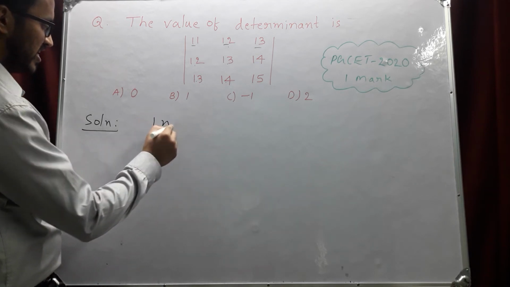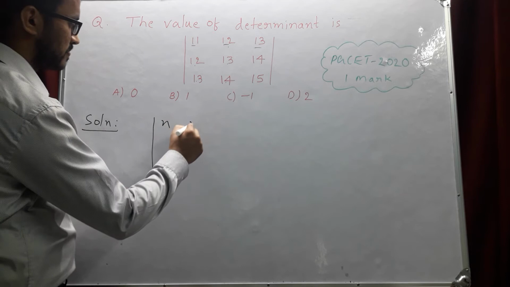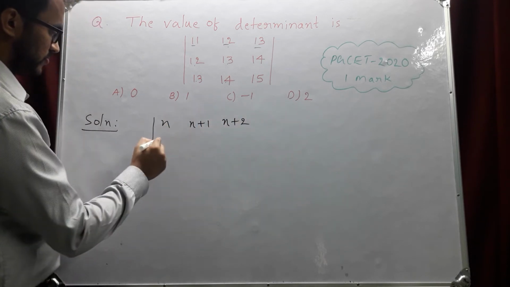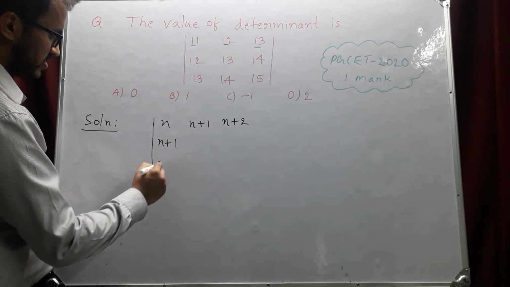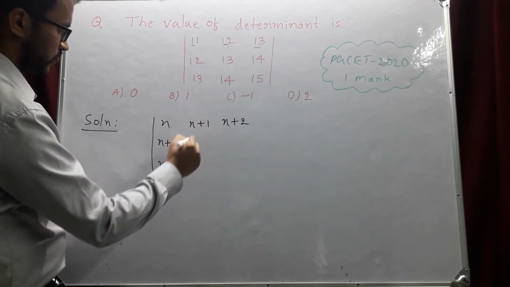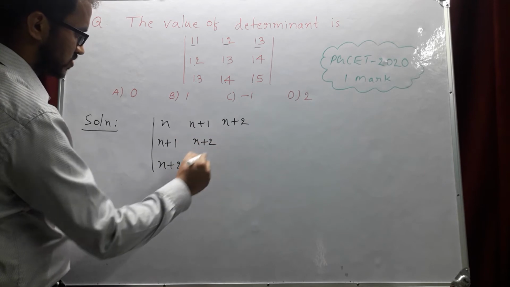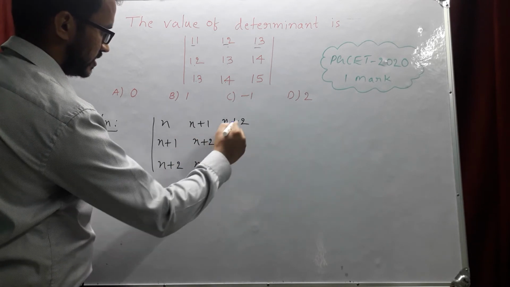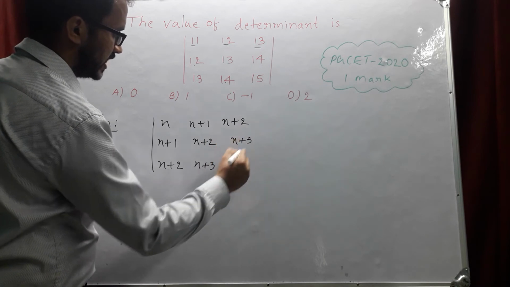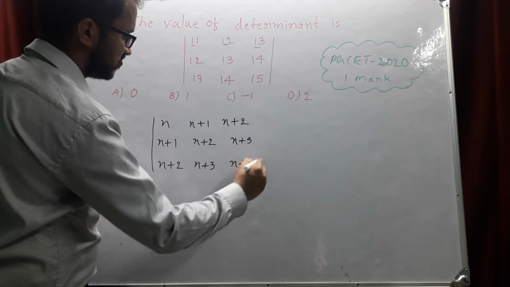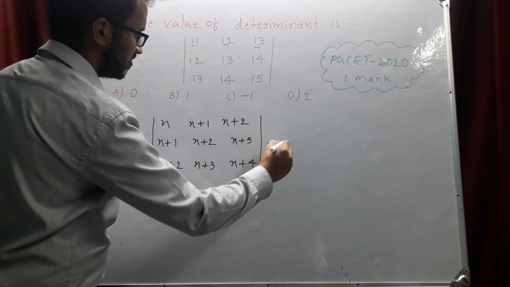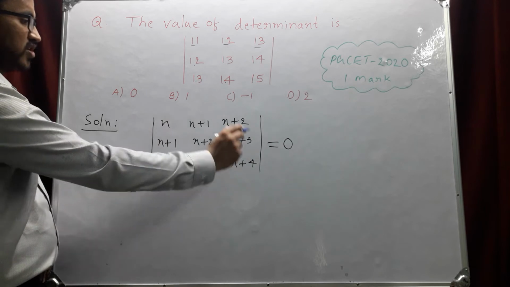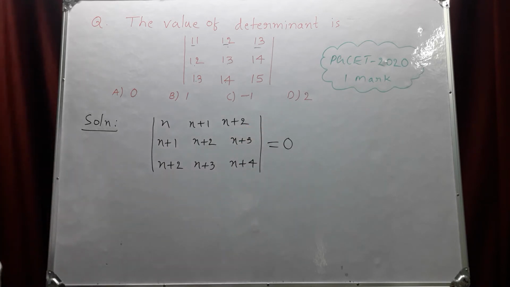Suppose any determinant of this form, n plus 1, n plus 2, n plus 1, n plus 2, n plus 2, n plus 3, n plus 3, n plus 4 is always 0. If you consider any determinant of this standard form, its value is always 0.